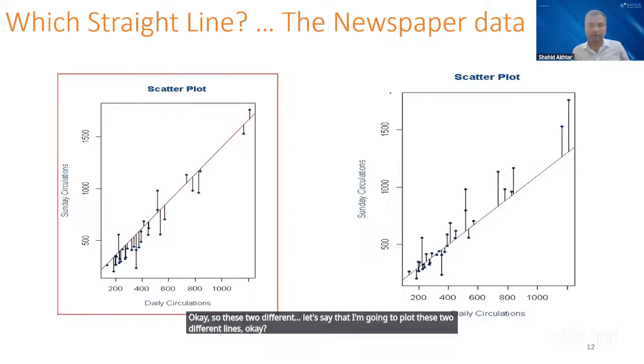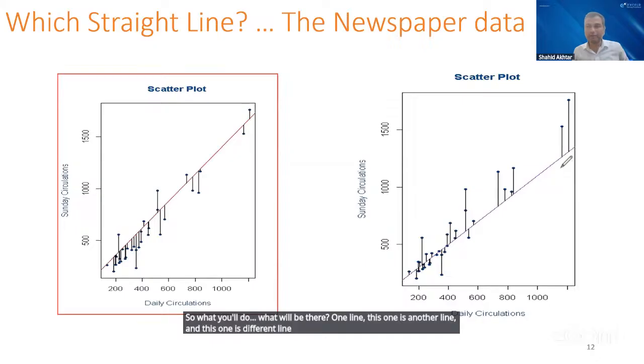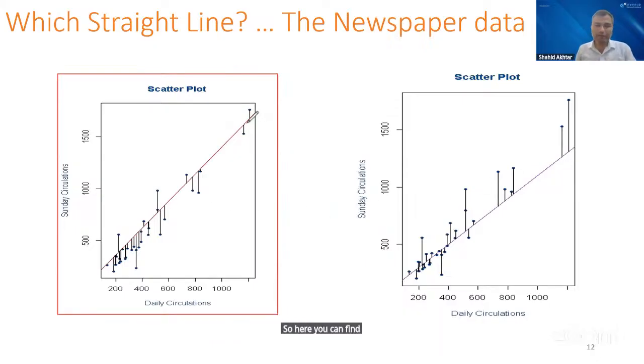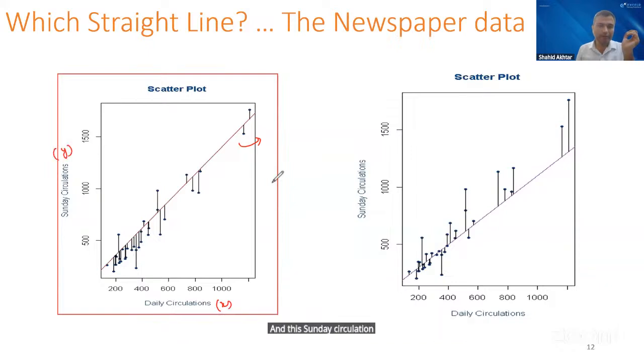One line is this one, and another is this different line. This line is nothing but your model. You can represent this daily circulation using X and this Sunday circulation using Y.